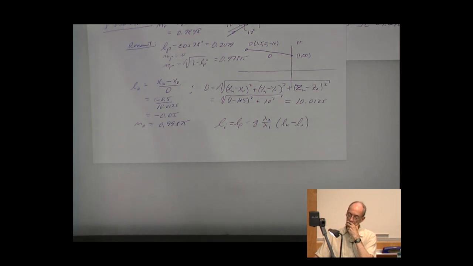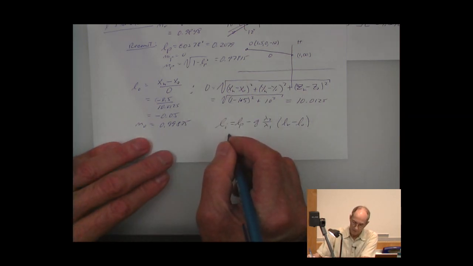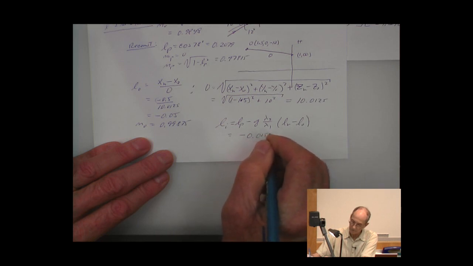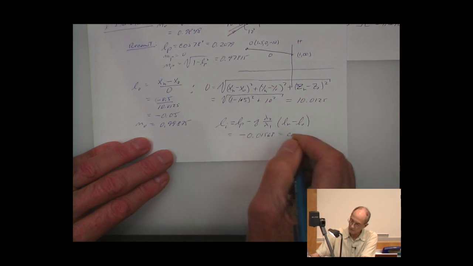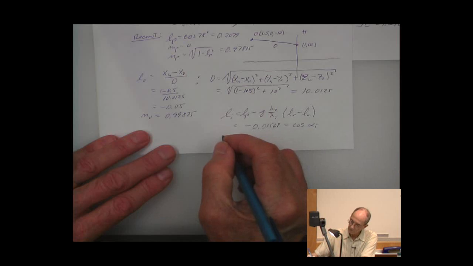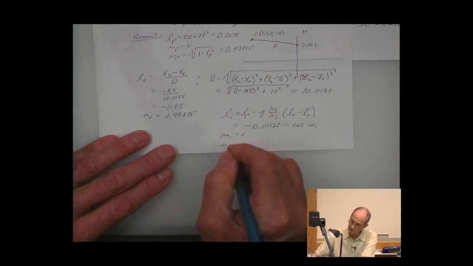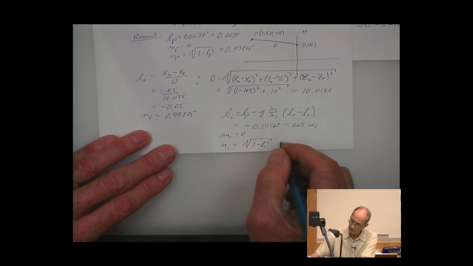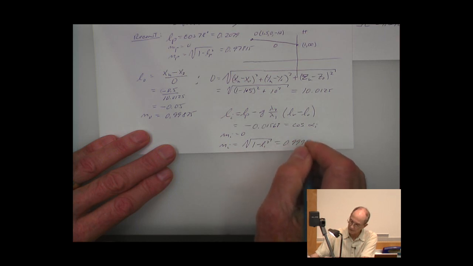If we substitute in the numbers, I ended up with an Li of minus 0.01568, and that's equal to cosine of alpha i, and of course Mi is equal to 0, and Ni is the square root of 1 minus Li squared, which is pretty close to 1, 0.99988.